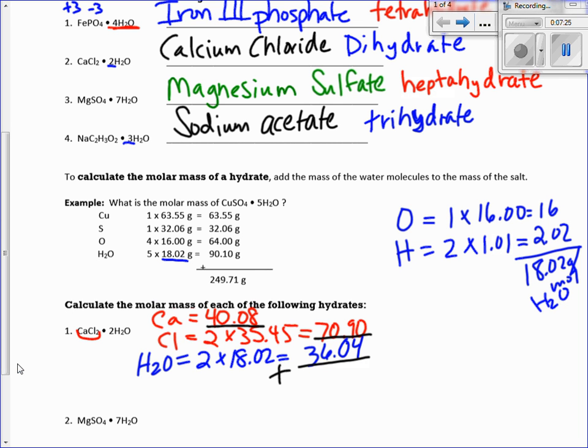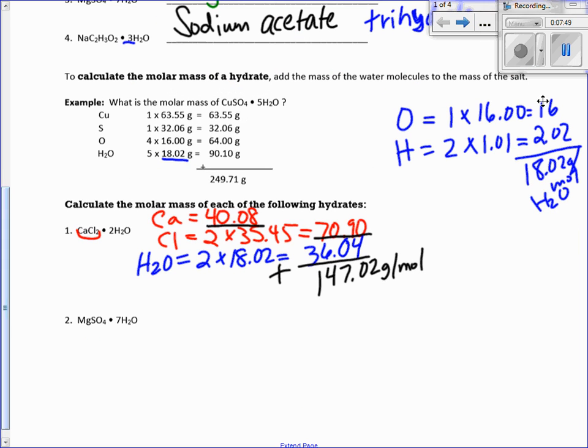Did you get 147.02? Anybody agree with that? Since it's a molar mass, it's grams per mole. So now what I'd like you to do is the magnesium sulfate heptahydrate down below. Solve that one. Find the molar mass, and we'll then move on to the percentage of water.